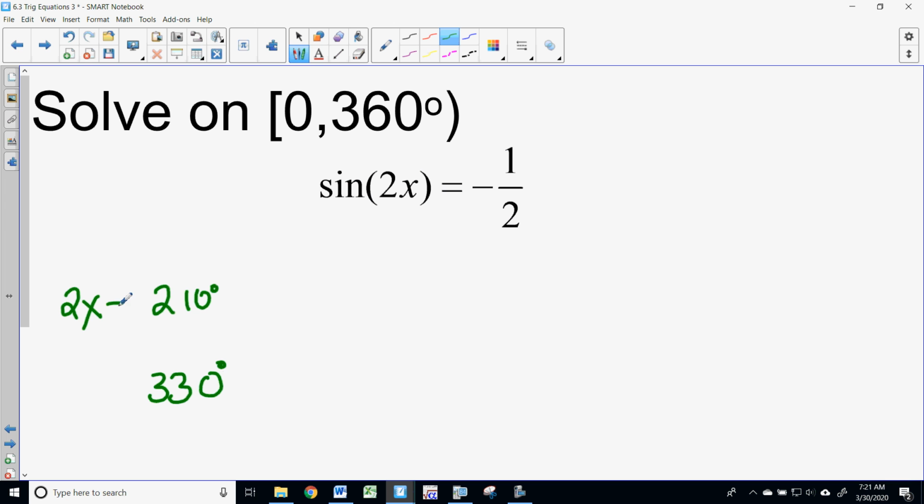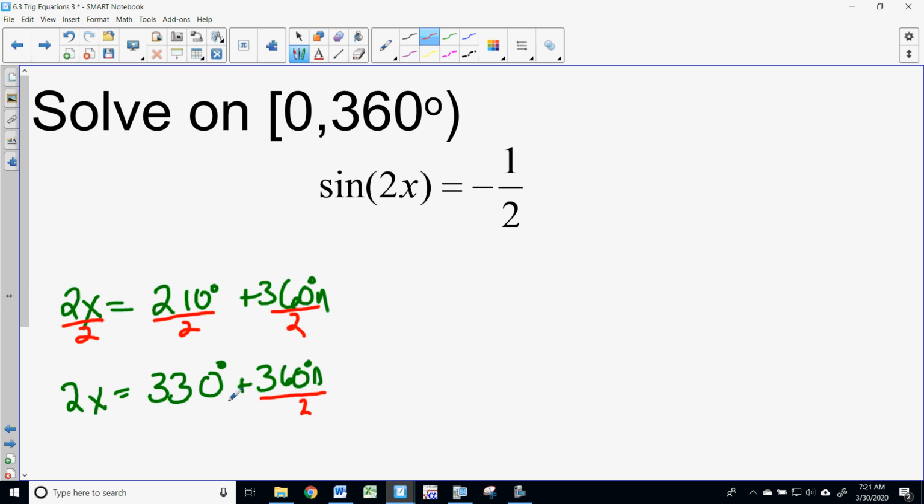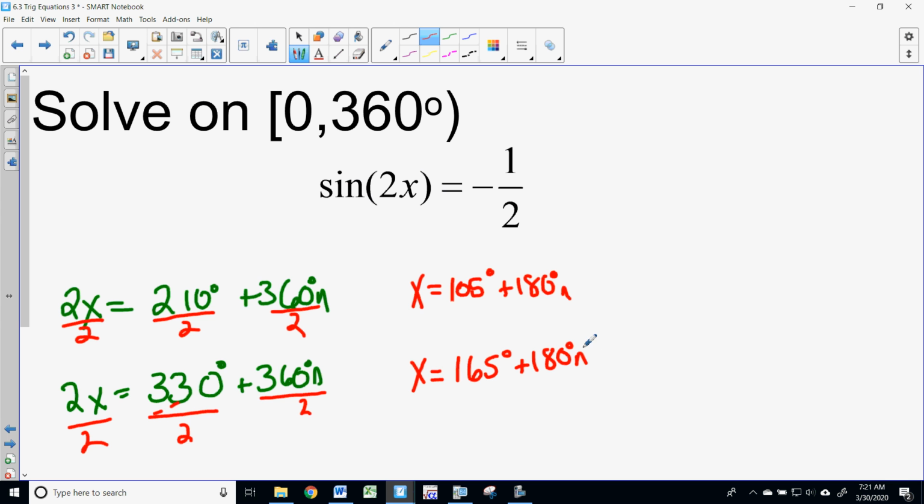Now we have 2x plus 360n, and we divide by 2. So everything gets divided by 2. So we get x equals 210 divided by 2 is 105 plus 180n. 330 divided by 2 is 165 plus 180n.